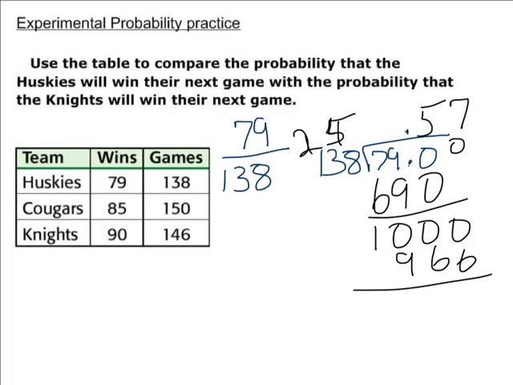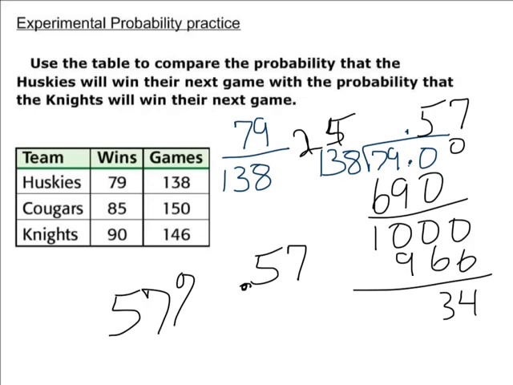Yeah, I got 966. We're going to have a remainder of 34. I'm going to go ahead and stop there. Usually if you carry out the decimal to the nearest hundredth, we'll call that 0.57, or 57%. So the Huskies have a 57% probability of winning their next game.